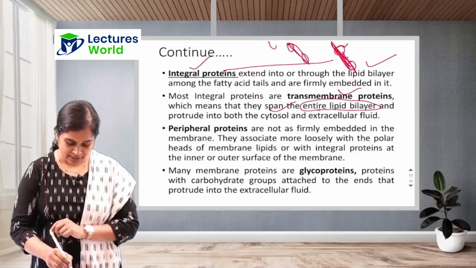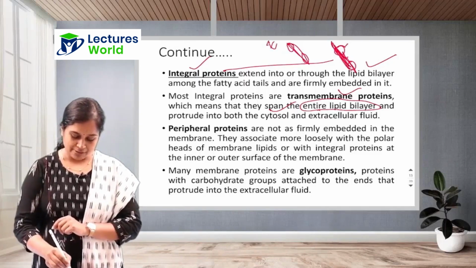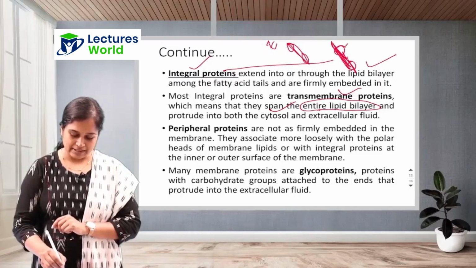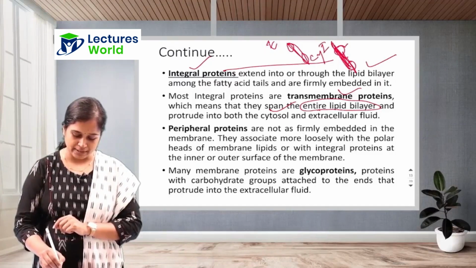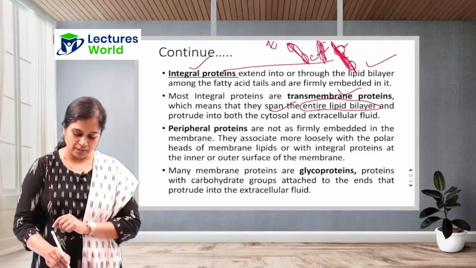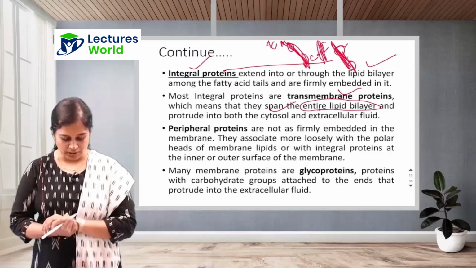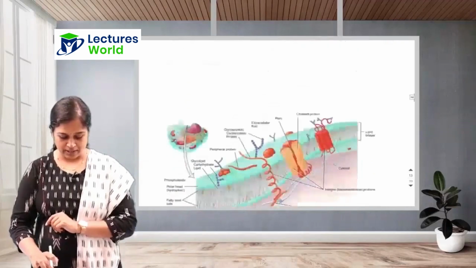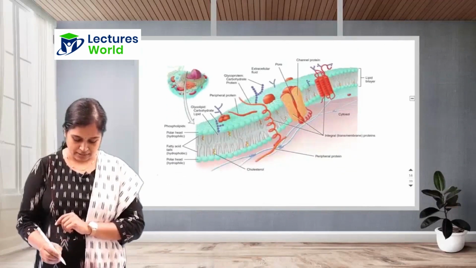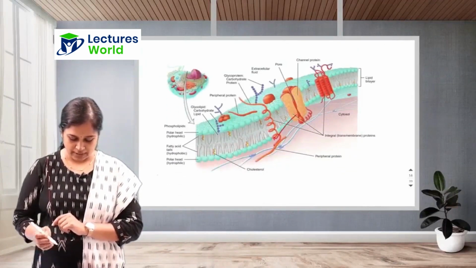So if this is the extracellular fluid, or the outside of the cell, and this is the cytosol, or we can say the intracellular fluid, then it protrudes on both sides. This kind of protein protrudes on both sides. We'll see it in the image. You can see this is an example of an integral protein.